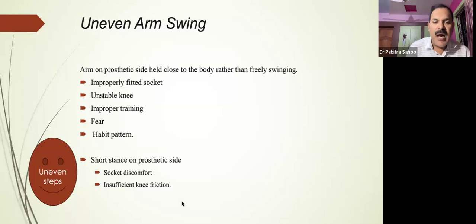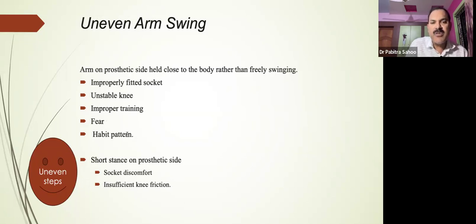Sometimes uneven arm swings and uneven steps are marked in case of prosthetic users. Arm on the prosthetic side is held close to the body rather than a free swing when there is improperly fitted socket, unstable knee, improper training, fear, habit pattern. This fear factor is there always in the rest of the things.